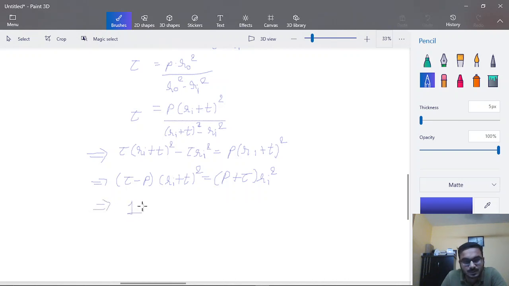So again, 1 plus T upon Ri is equal to tau plus P divided by tau minus P and whole square root.